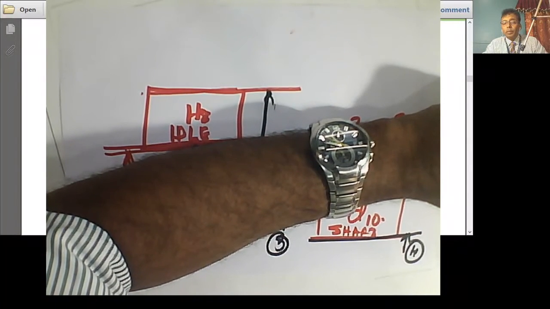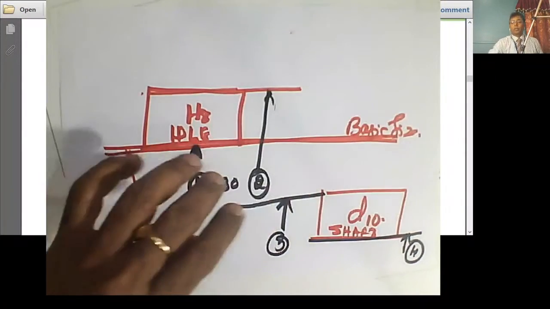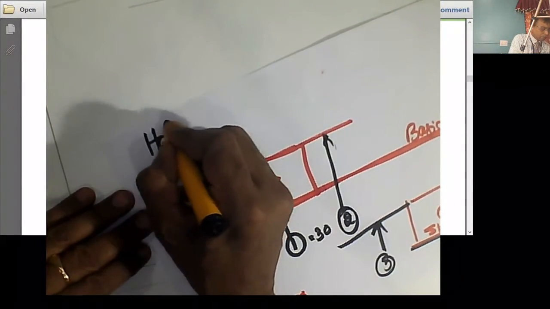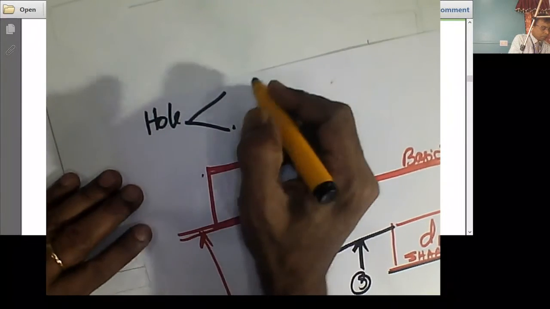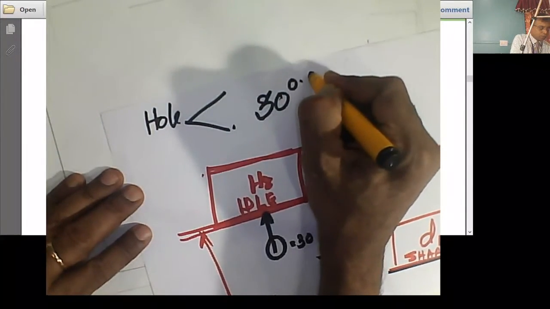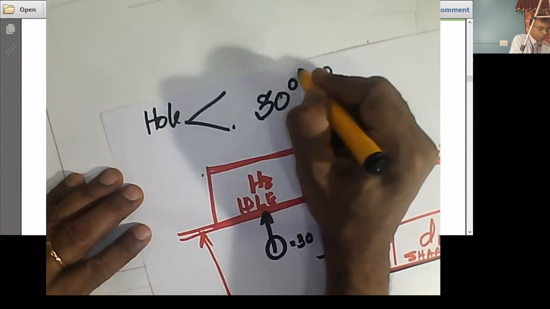Okay, let me solve the problem. So we need the hole dimension, that is 30.000. Then we need to find out how much is this. We need to write it here.